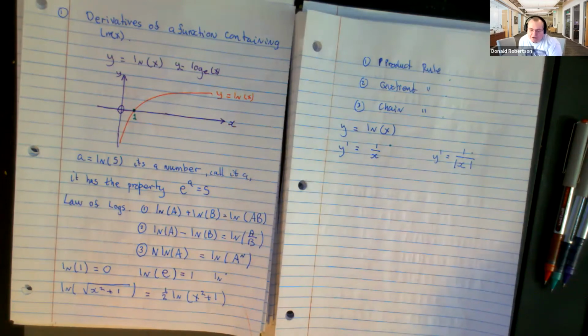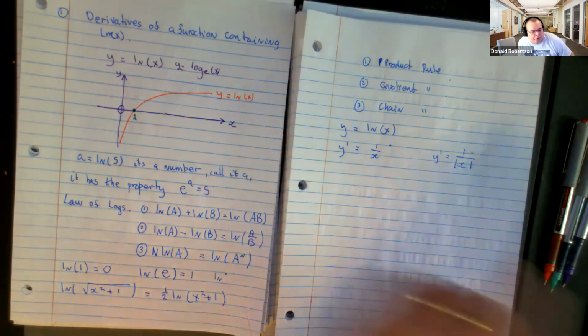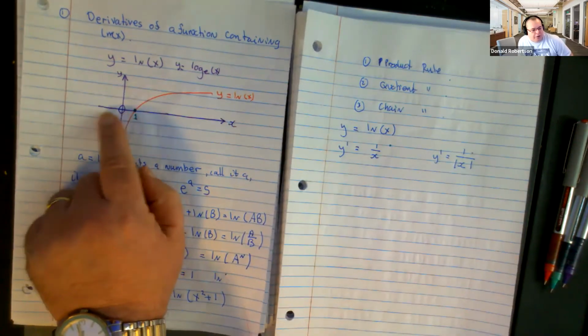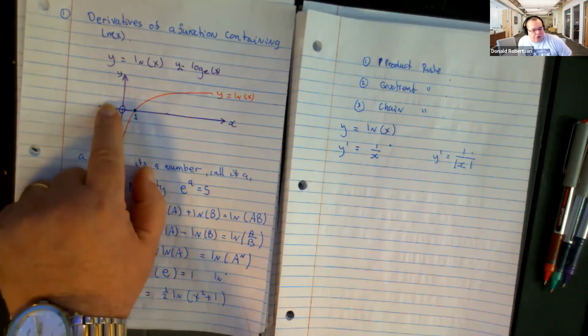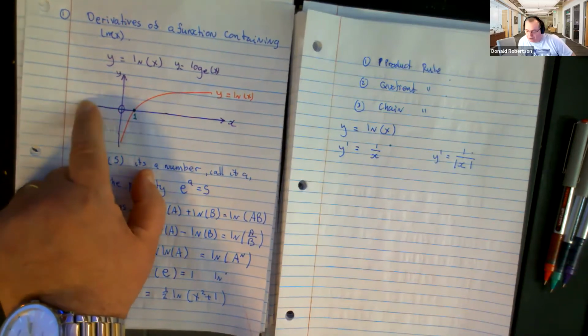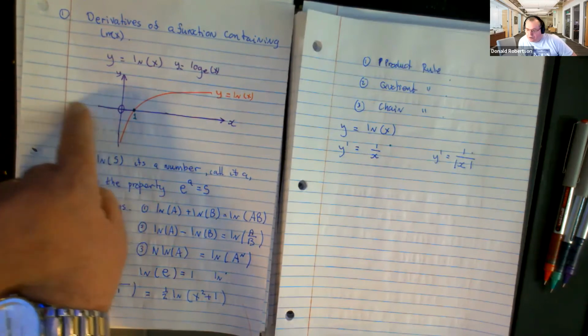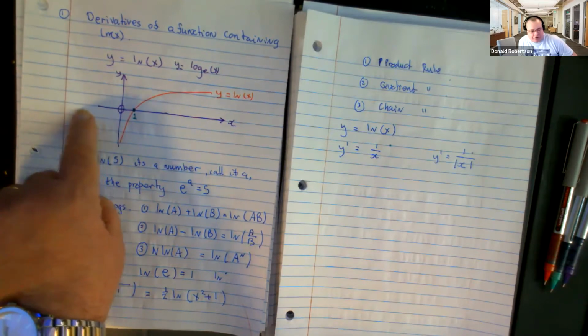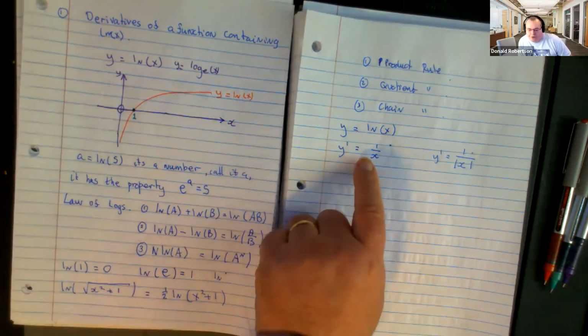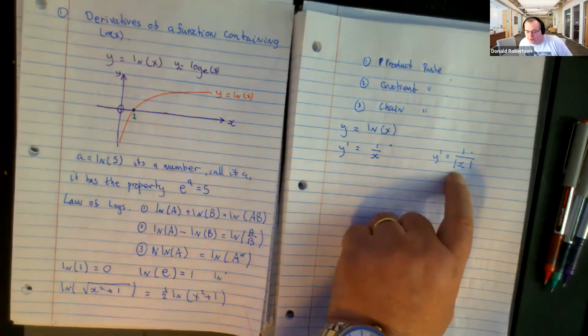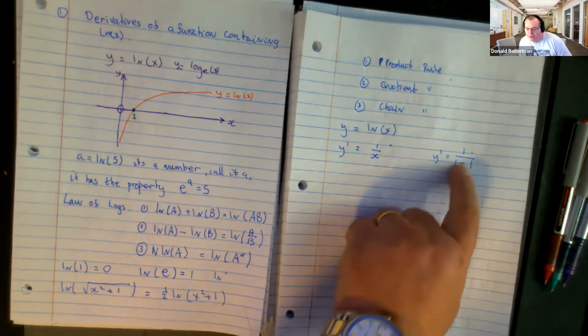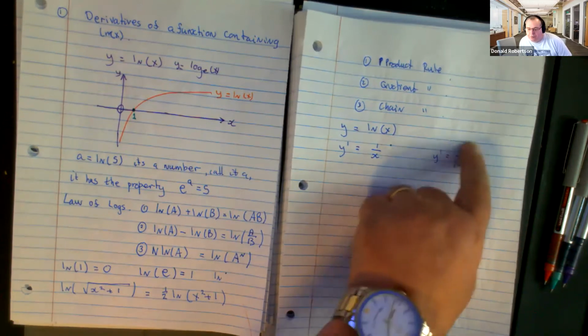Now, the reason that they have the absolute value is to do with the log function. The log function is not allowed to be negative. It doesn't exist, right? There's no natural log of -10. And so this here stops that from happening. It just makes sure that the derivative is only going to be positive.